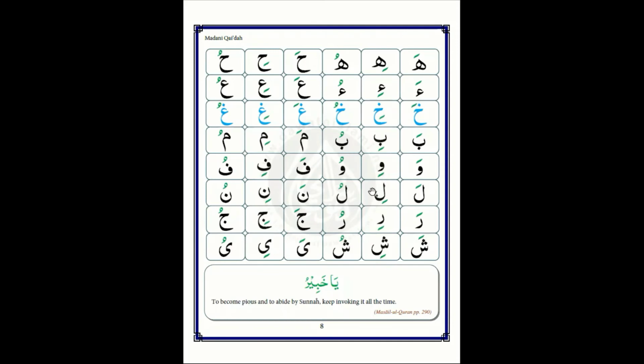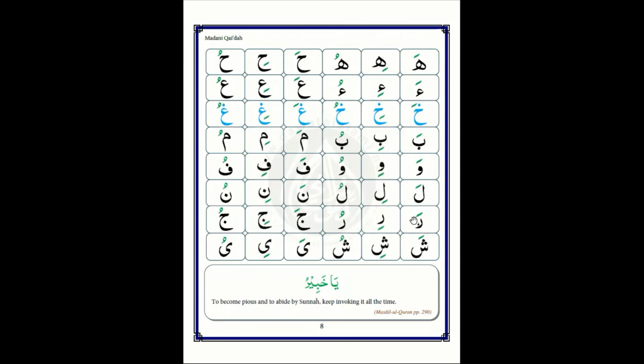Lam zabr la, lam zir li, lam pesh lu. Noon zabr na, noon zir ni, noon pesh nu. Ra zabr ra, zir ri, pesh ru. Remember there is one principle that says if ra carries zabr or pesh, we need to be thicker in that case, but we need to have a very thin pronunciation when ra carries zir.